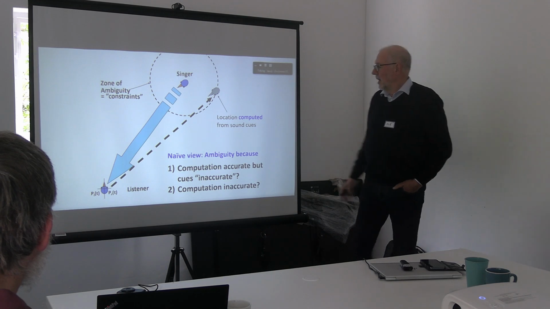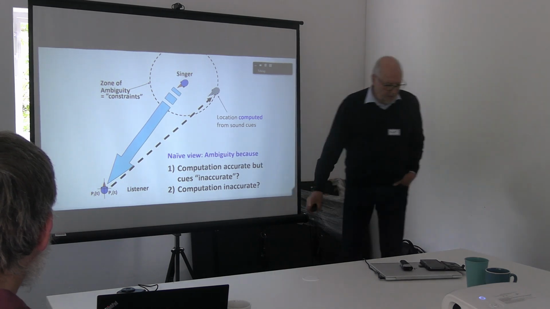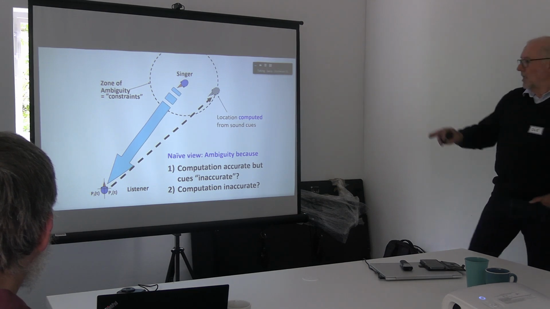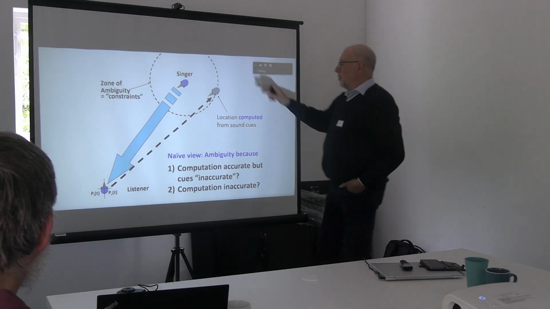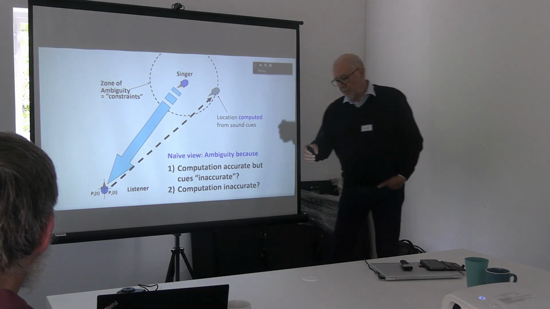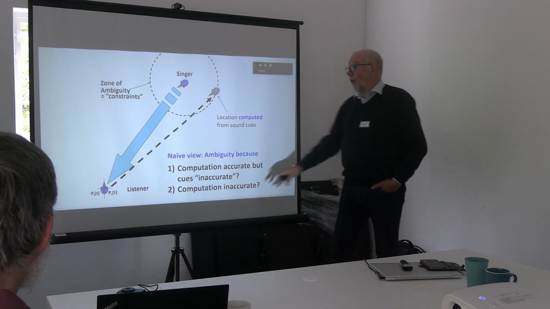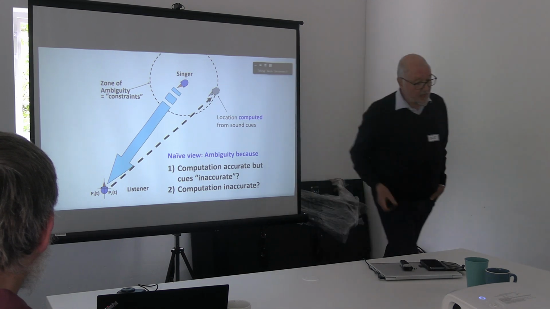So this naive view is that it may be that your computation is accurate, but that the cues used for computation are inaccurate, or that you simply don't calculate right.